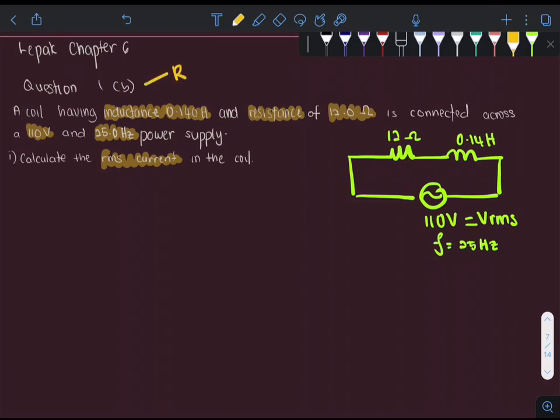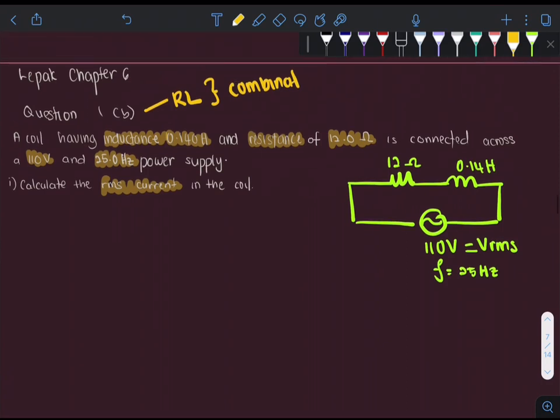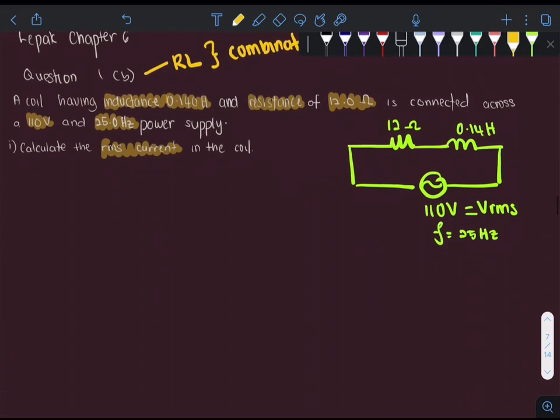Therefore, this is an RL circuit, a type of combination circuit, where we will have a total opposition, called impedance, arising from the components the circuit is made up of, such as the resistance and the inductance here. Therefore, the resistance and the reactance of the inductance are going to cause the opposition.